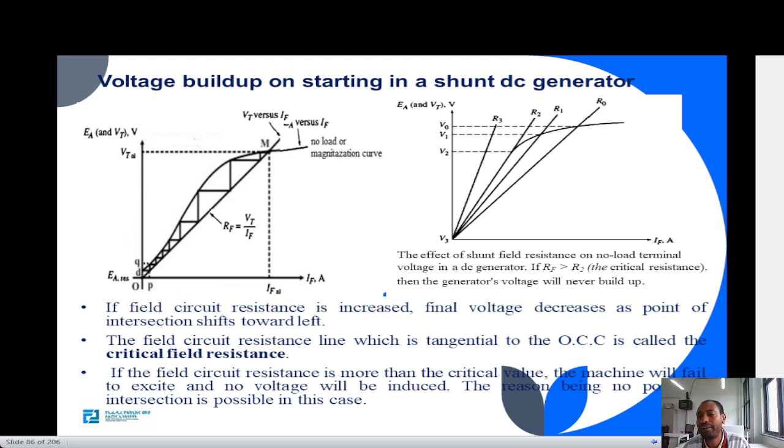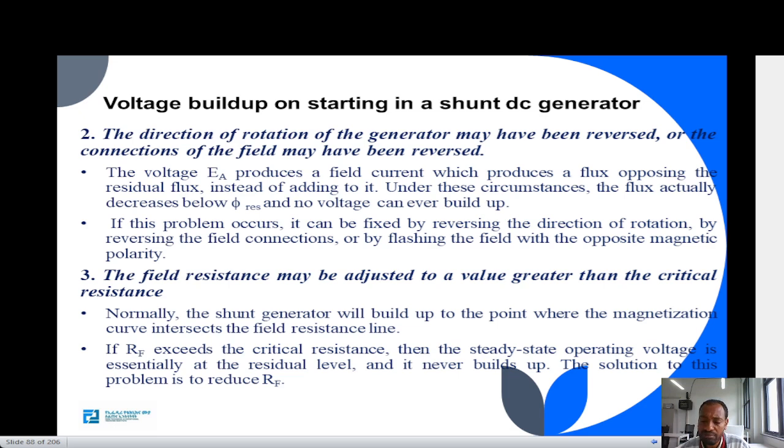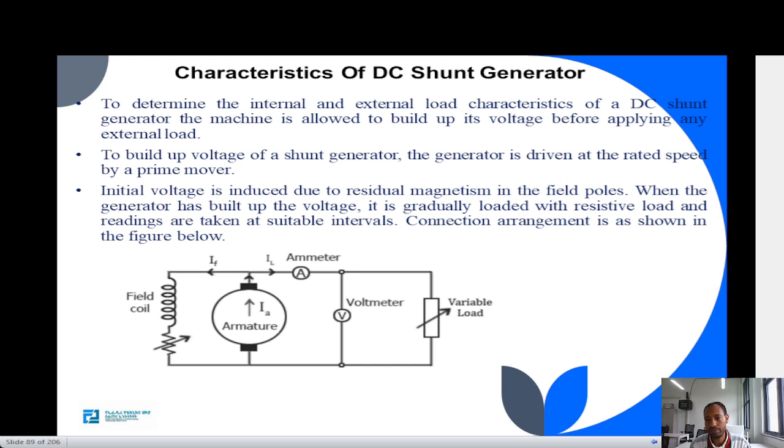That is the main cause and solution for the DC shunt generator to build the internal required voltage.